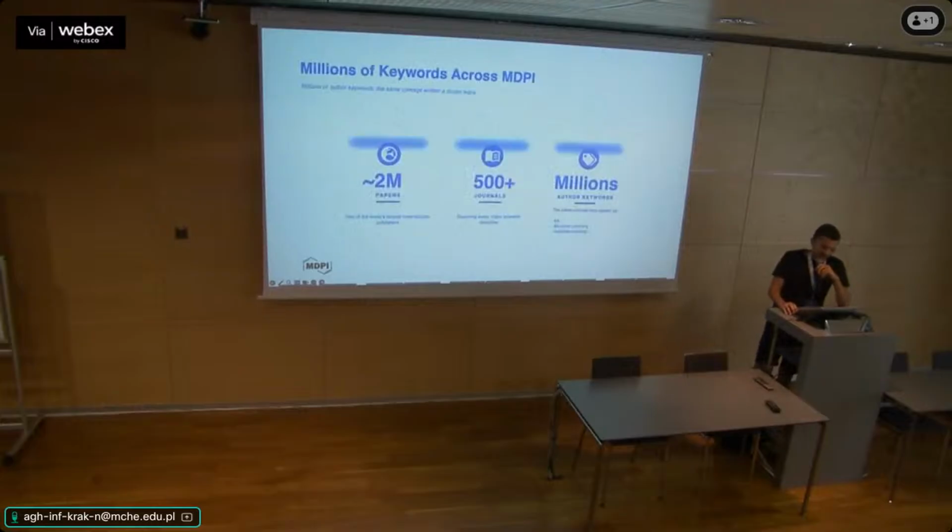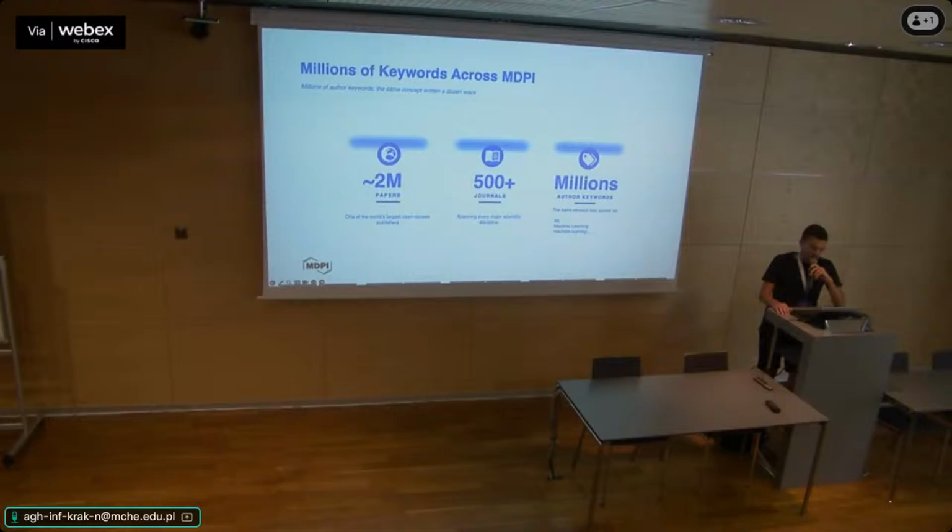I am working for MDPI, which is one of the largest open access publishers in the world. In our 30 years of experience, we've published around 2 million papers, spanning more than 500 journals.